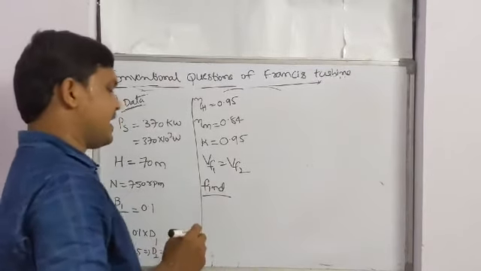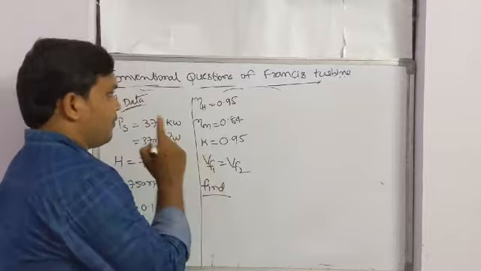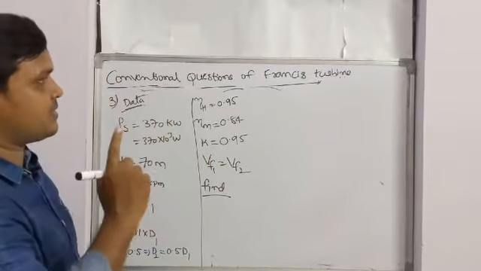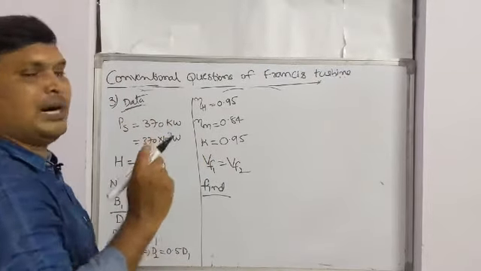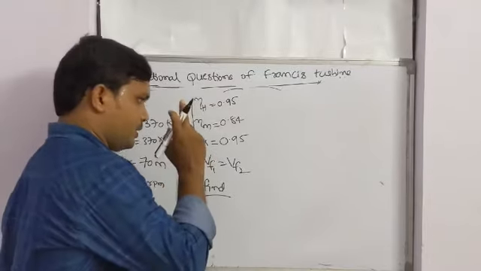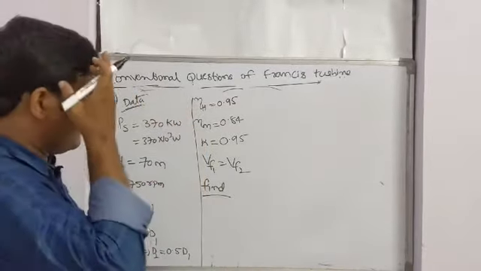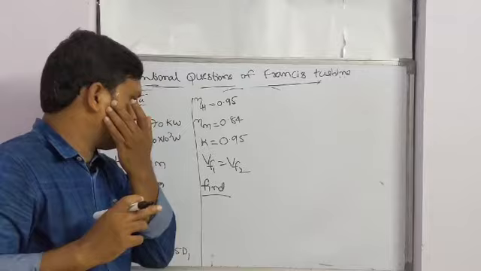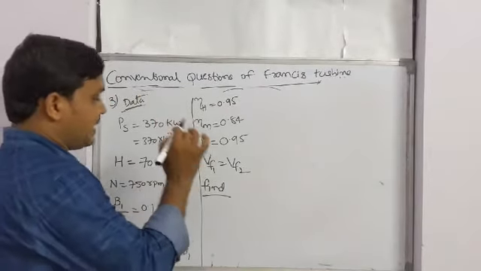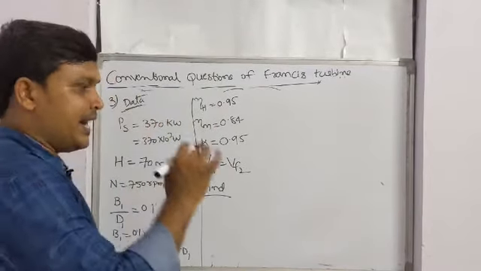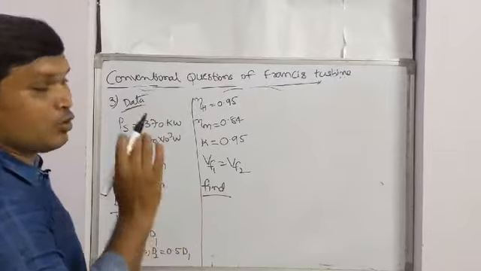The guide vane angle means the water coming from the penstock enters the scroll casing of the turbine, then enters the guide vanes, then goes to the runner.